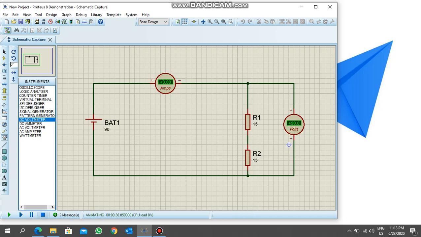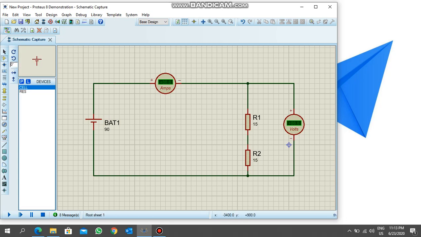Now let's change this circuit a bit. We can add more than one voltage source in this, and then let's see the value of our voltmeter. So we will add one more cell here.